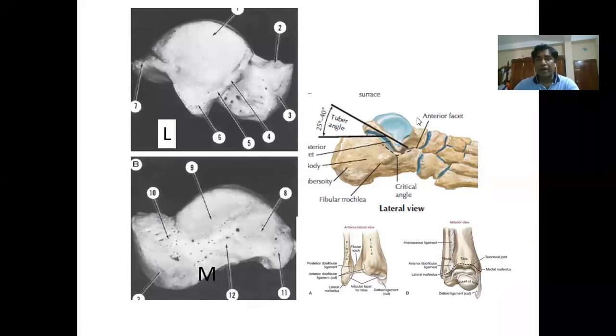So now I am going to another slide. This is the consideration of the talus during the wire fixation, and I will go to the cross section of the ankle a little bit later. Before that, I want to focus on some very basic normal anatomical structure of the foot.